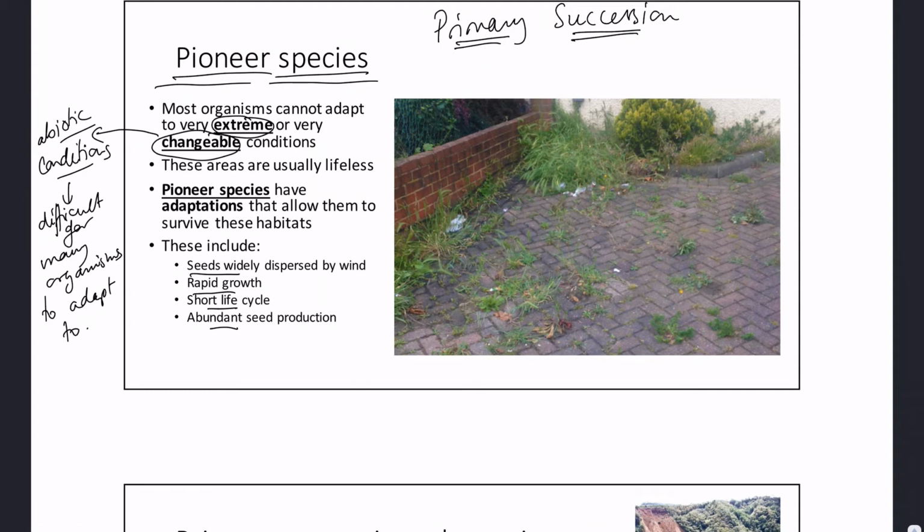Whereas some other plants would need a lot of soil with a high organic matter content, they might need soil which is very moist, they might need soil with high levels of minerals. Other plants can survive basically where there's any collection of dirt, or a bit of sand. So these species we call pioneer species.